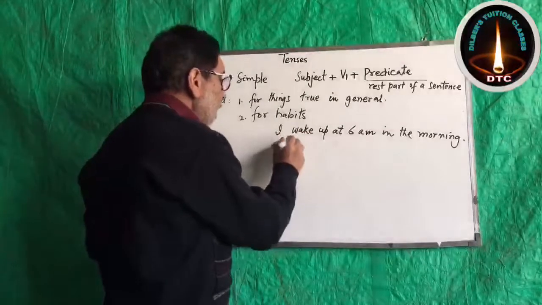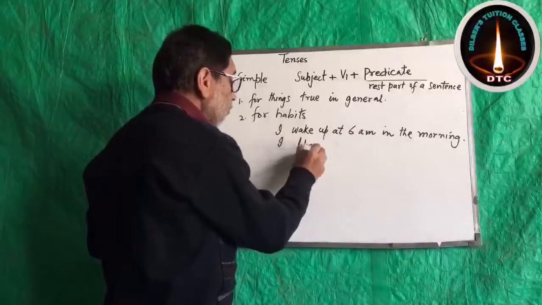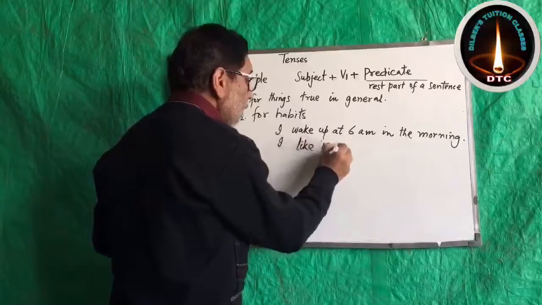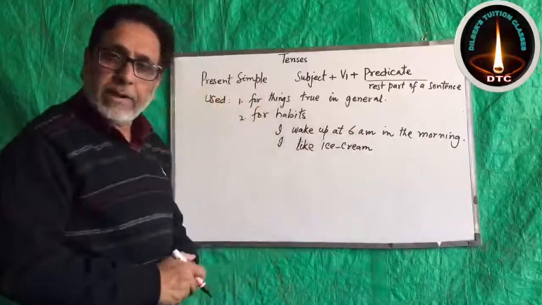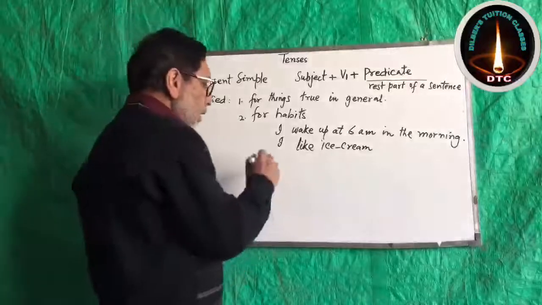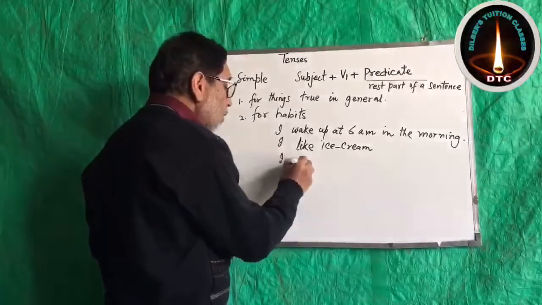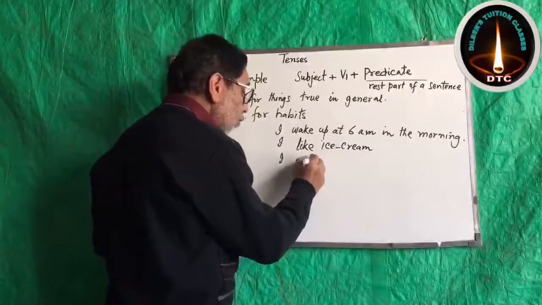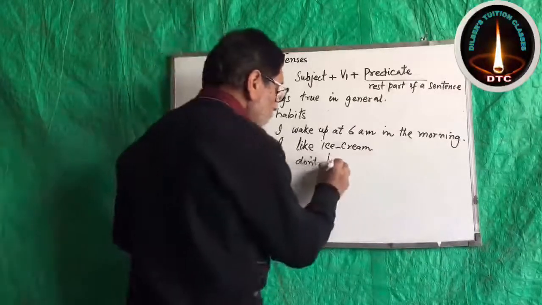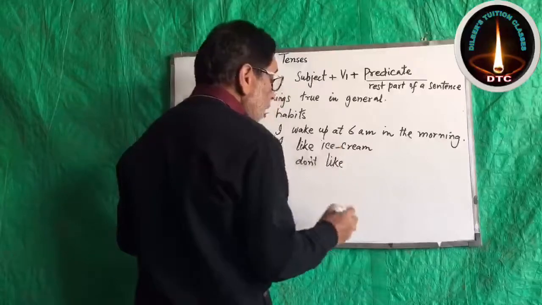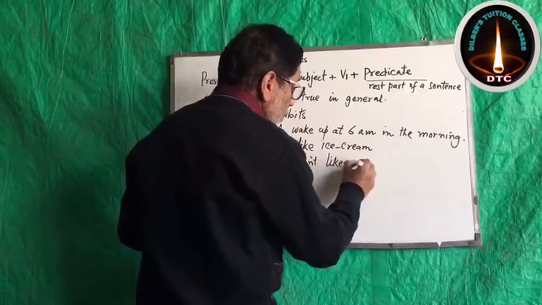Accordingly you have likes at the same time. If you say I like ice cream. Not only positives, negatives are also there. I don't like watermelon.